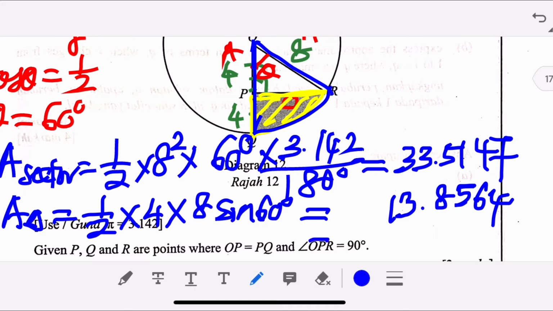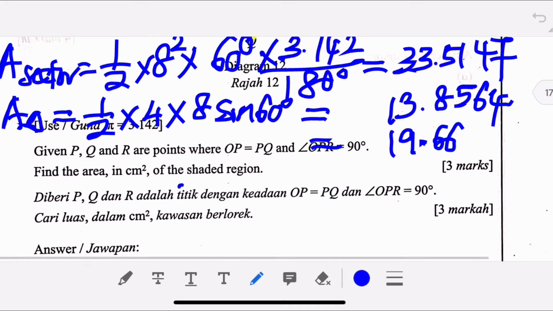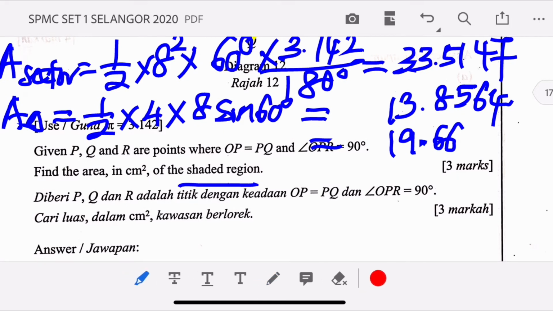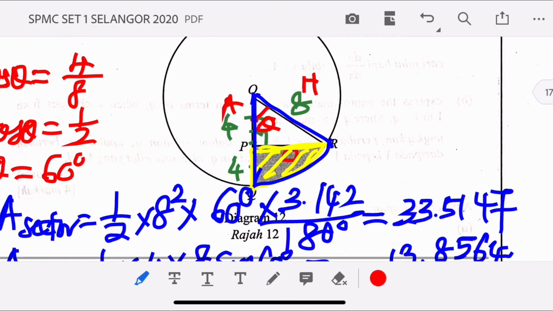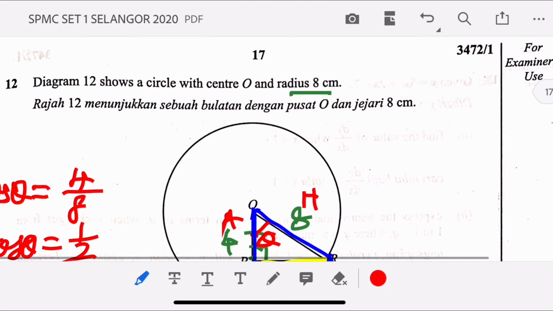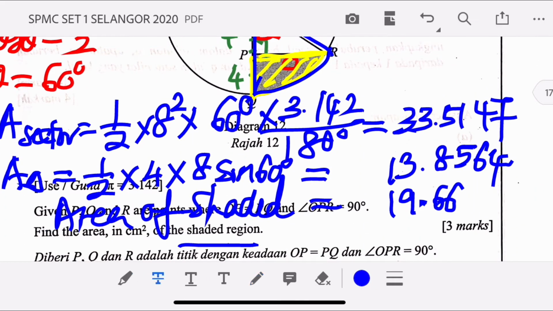Right, the answer must be accurate. 19.66 is the area for the shaded region, which is shaded in yellow color. All right, so this is the answer for the area of the shaded region, centimeter squared.